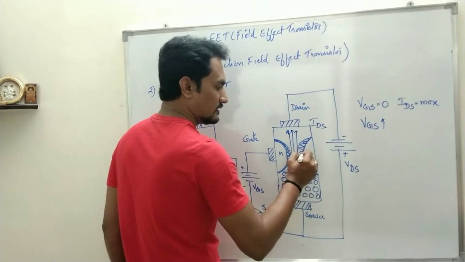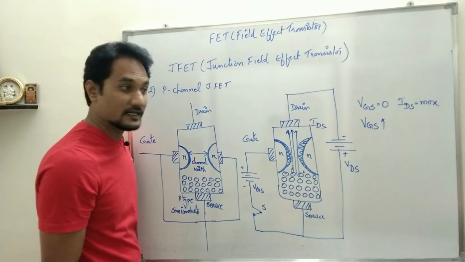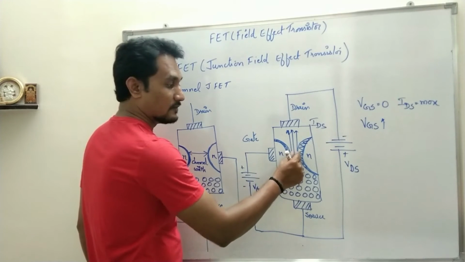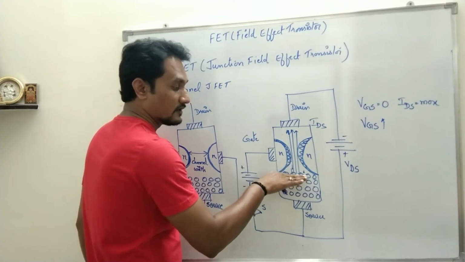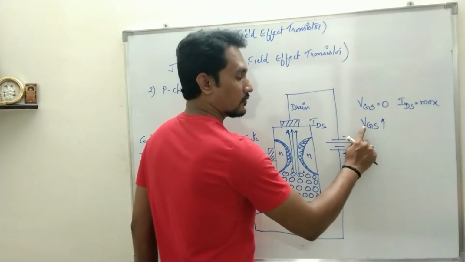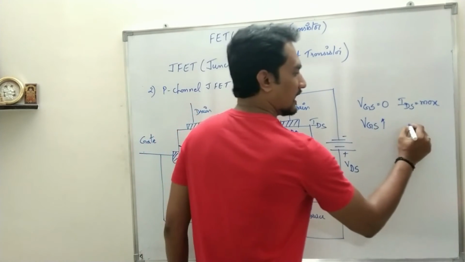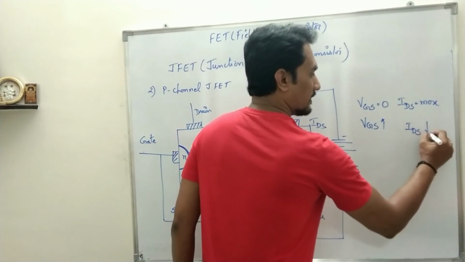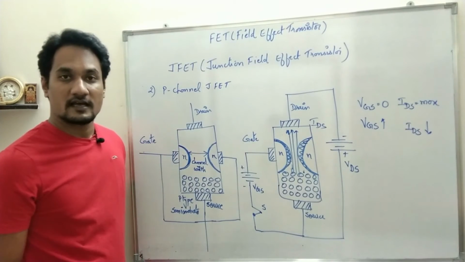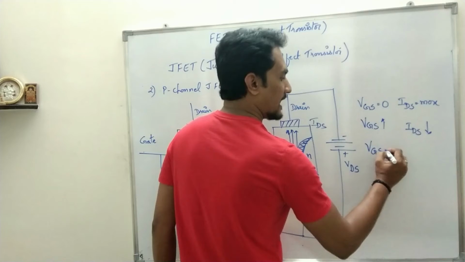And when the depletion layer width increases, the channel width decreases. That means now a smaller amount of charge carriers will move from source to drain. So when VGS is increased, what happens to IDS? IDS decreases.